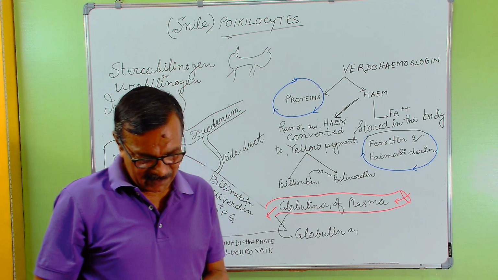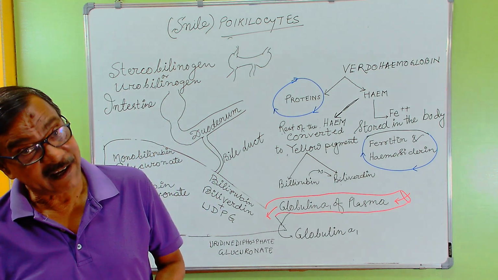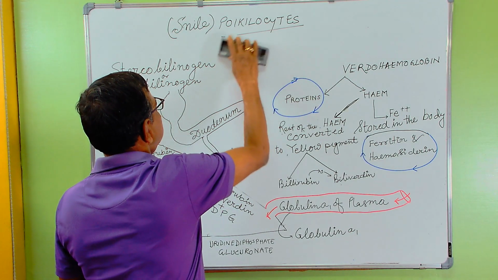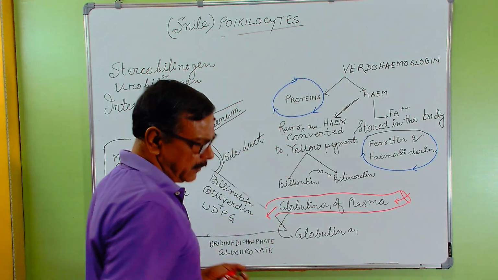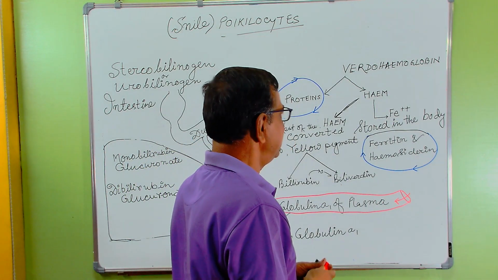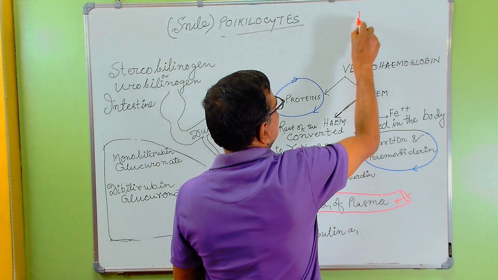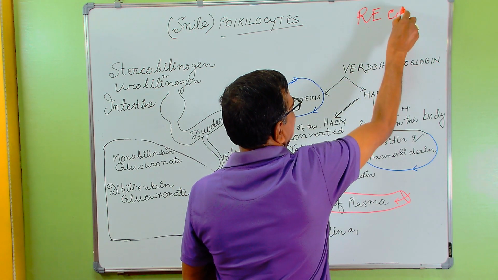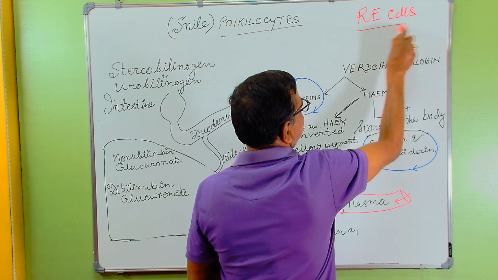Okay? Now, these RBCs are taken over by RE cells. What is RE cells? Reticuloendothelial cells. RE cells are known as reticuloendothelial cells.